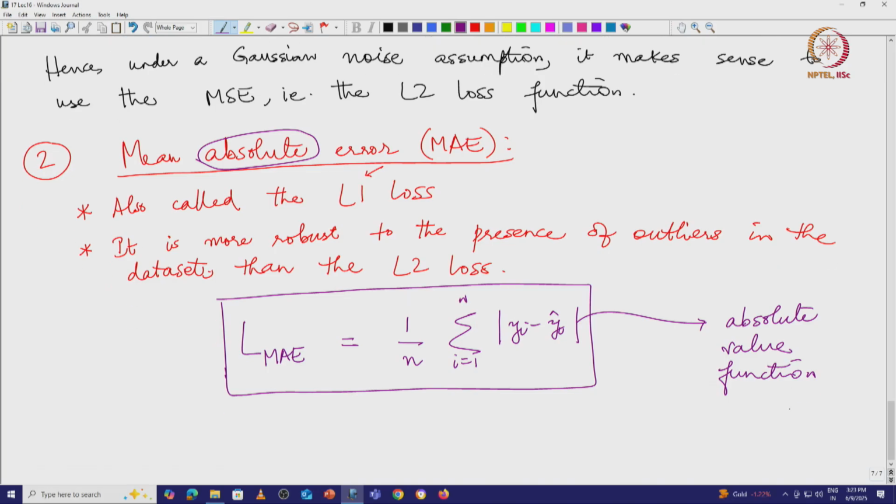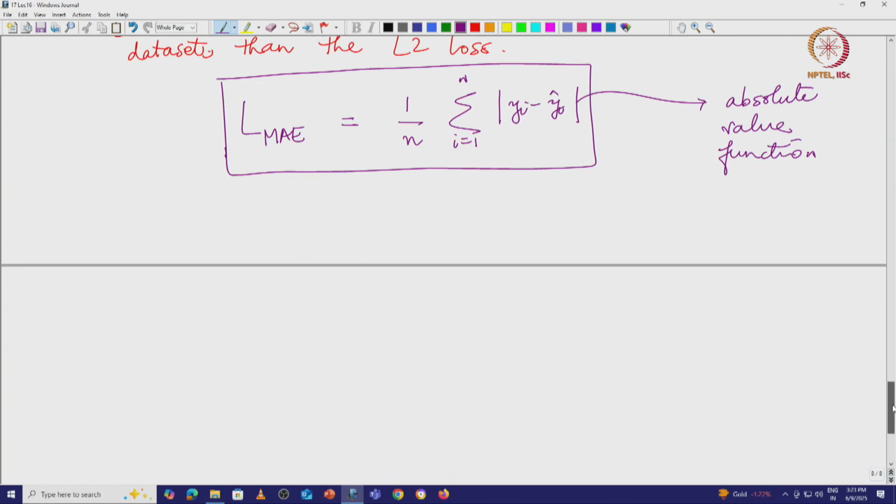Now, if you remember the plot of the absolute value function, it looks something like this, right. Here I am just plotting the absolute value of x versus x, right. So, at this point, right, there is a derivative discontinuity.